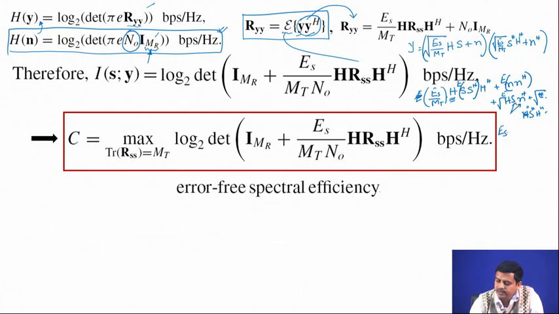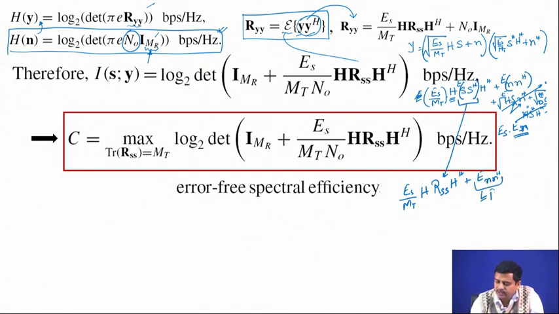We have stated that S and N are independent. So, what we would get is Es times En. We have said that En is 0, and hence this term would go to 0. The fourth term would also go to 0. So, we are left with the first and second term, that is Es upon Mt H E of S S Hermitian, which we have defined earlier as RSS, H Hermitian, plus E of N N Hermitian.